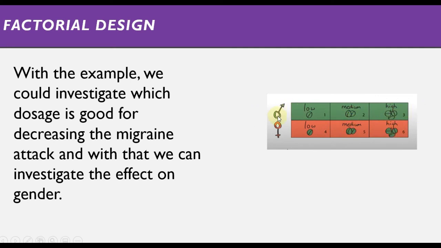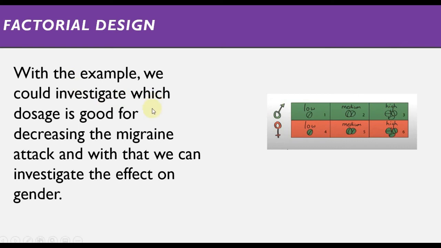Sa factorial design, tinitingnan natin yung effect ng bawat dosage. Also, pwede din natin tingnan kung saan mas mabilis gumana ang effect na per dosage, sa babae ba or sa lalaki. Okay? So, hindi lang siya basta the effect of dosage, nilalagyan din natin ng level or number of dosage. Tapos, tsaka natin kino-compare yung bawat dosage doon sa gender.